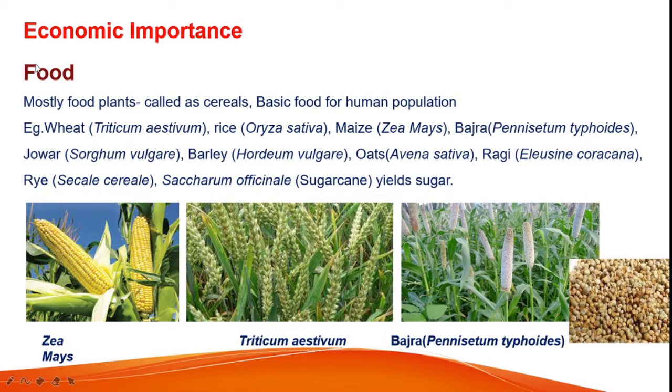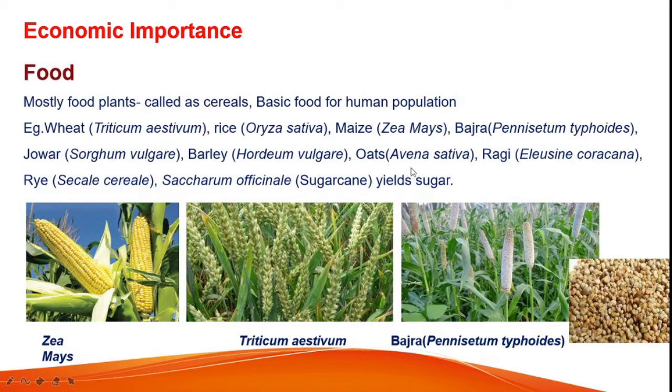The economic importance of the family is as follows. Mainly used for food. Mostly food plants called cereals, the basic food for the human population. Example wheat, that is Triticum aestivum. Rice, Oryza sativa. Maize, Zea mays. Bajra, Pennisetum typhoides. Jowar, Sorghum vulgare. Barley, Hordeum vulgare. Oats, Avena sativa.